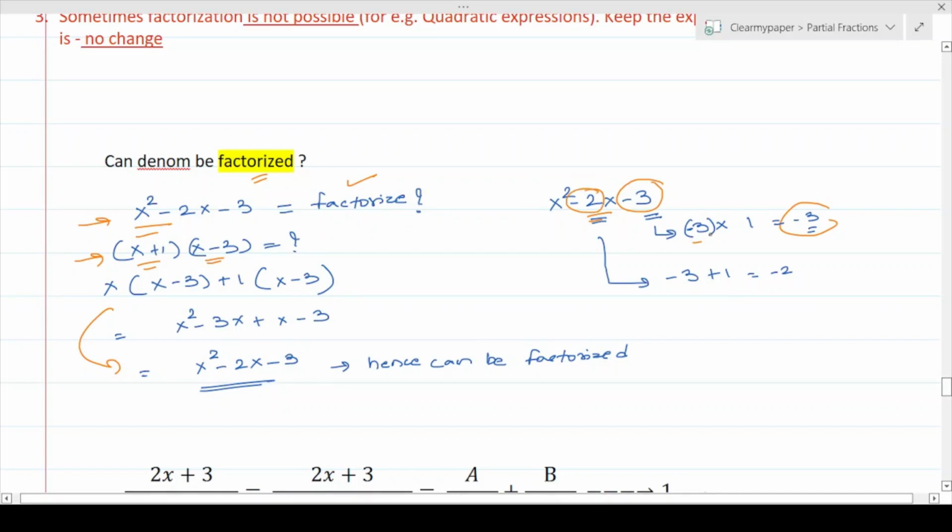Minus 3 plus 1 gives minus 2. Since we are able to find those two mysterious numbers, the expression can be factorized, and those become the factors x plus 1 and x minus 3. That's a little recap of what we do.